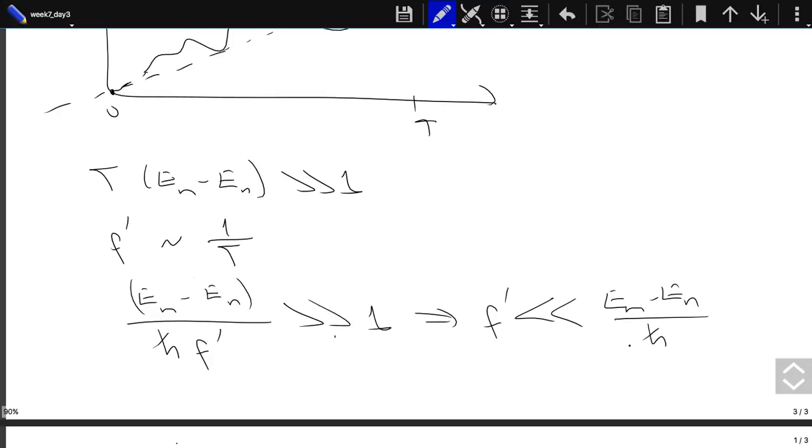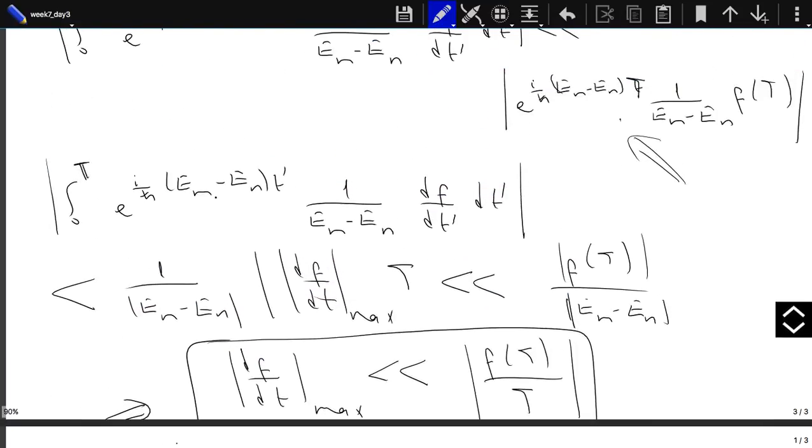I inserted the h bar just to make things consistent dimensionally. F prime is the time derivative. Here I have an h bar, because the exponent is em minus en times t over h bar.